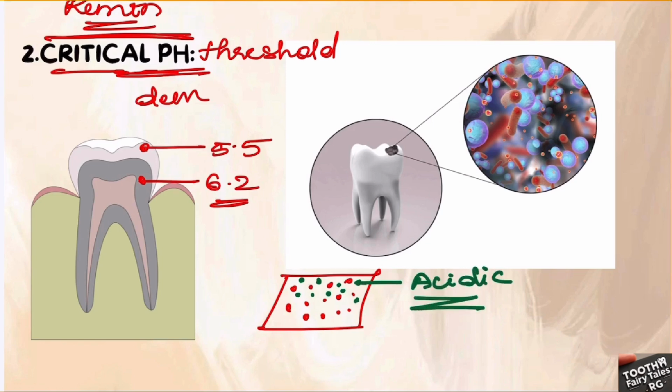If the acidic environment drops below the pH of 5.5, then the enamel starts losing its minerals and the process of demineralization is initiated. In the same way, if the pH drops below 6.2 in the dentin, then the dentin also starts losing its mineral structure and demineralization really kicks in here.